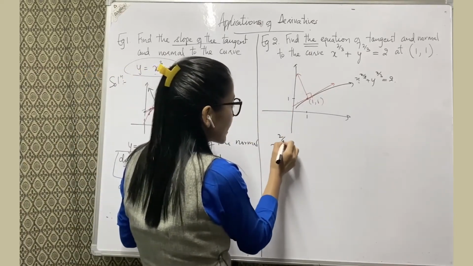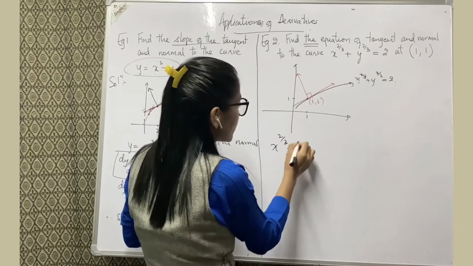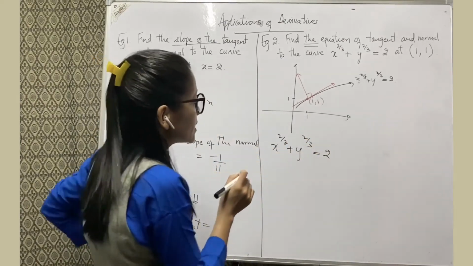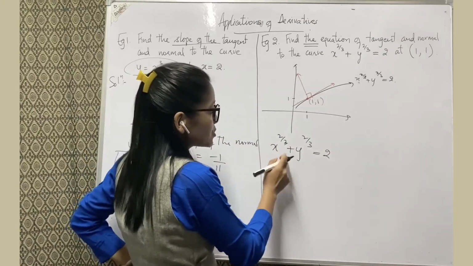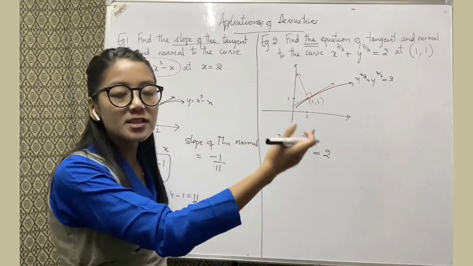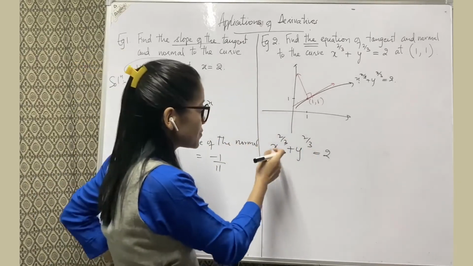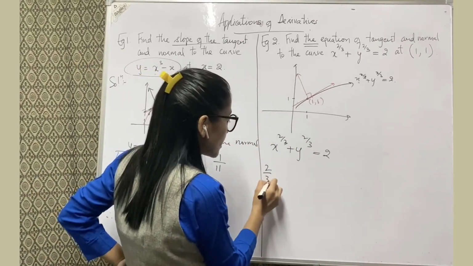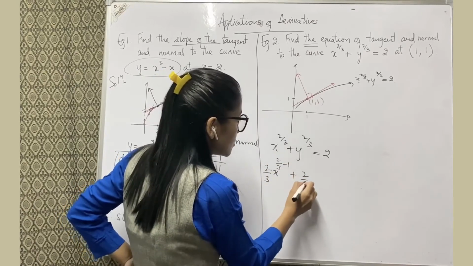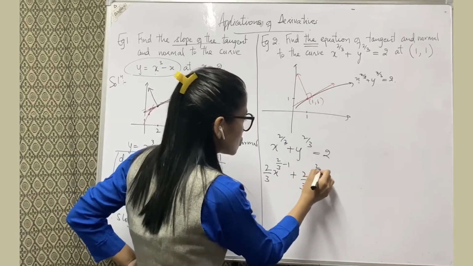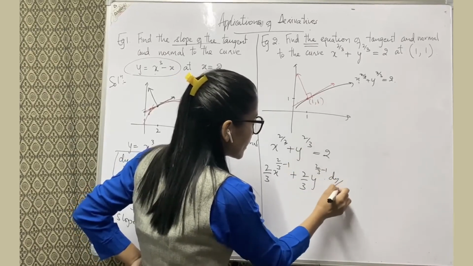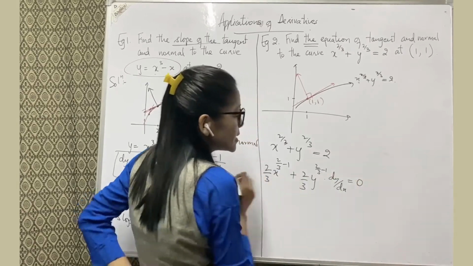The curve is x raised to 2 by 3 plus y raised to 2 by 3 is equal to 2. Now differentiate it. It's a kind of implicit function, so instead of expressing y in terms of x, I'm directly differentiating it. That is 2 by 3 x raised to 2 by 3 minus 1 plus 2 by 3 y raised to 2 by 3 minus 1, then you have to differentiate this, that is dy by dx, is equal to 0.